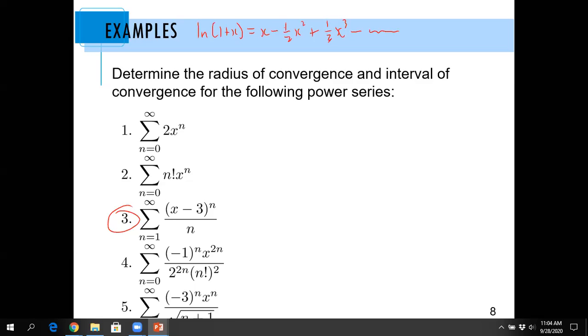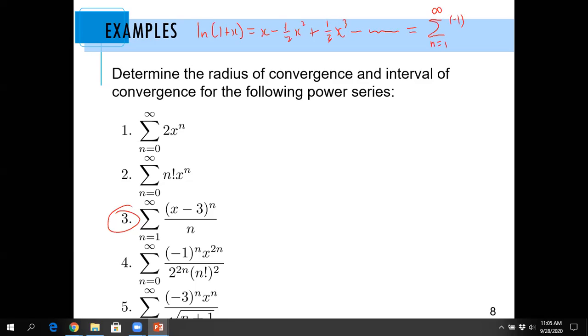Yeah? And so if I were to write that in summation form, it would be the sum, n going from 1 to infinity, of minus 1 to the n minus 1. Let me write it this way just to make it a little bit clearer. Minus 1 to the n minus 1, because the minus sign is one off.